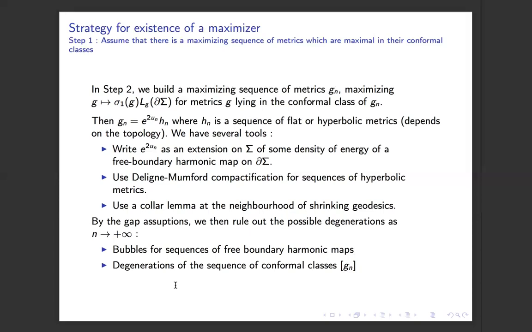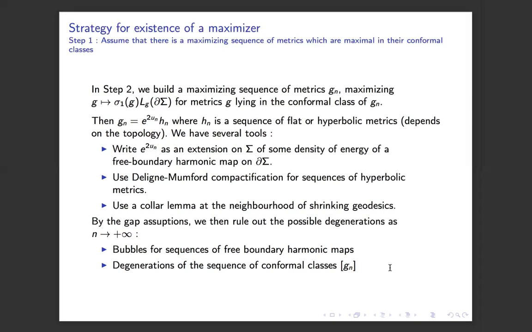These cannot happen because, for instance, since we have a maximizing sequence, we cannot have disconnected surfaces at the limit. This is the idea. So we must have only one thick part, only one part which has all the mass. For instance, the mass is on bubbles or on a connected component at the limit when we do the Deligne-Mumford compactification, or in the collars.